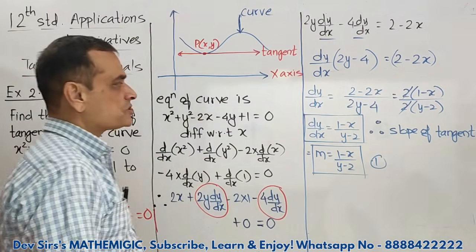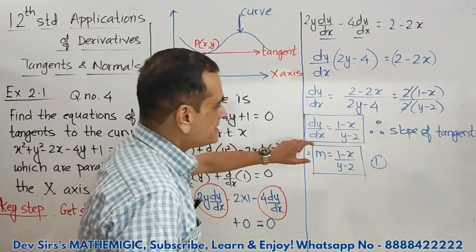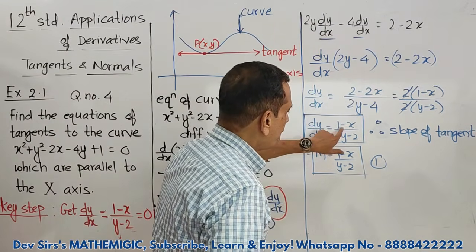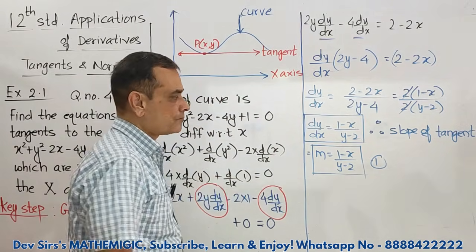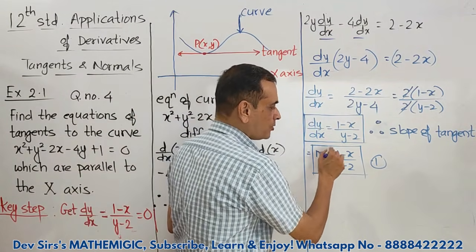Let us call this as equation 1. यह slope of the tangent मिल गया है at the point x, y. At the point x, y, slope of the tangent.